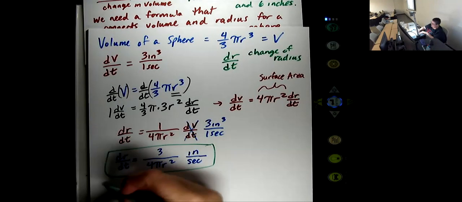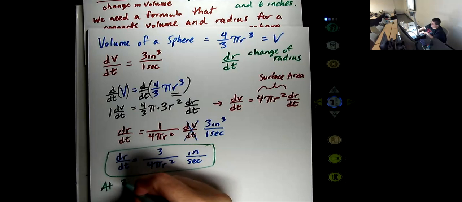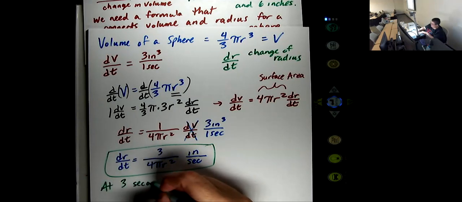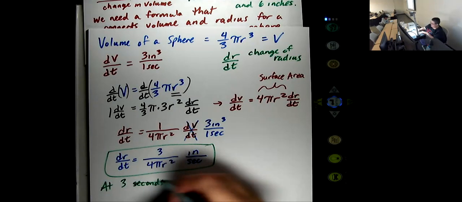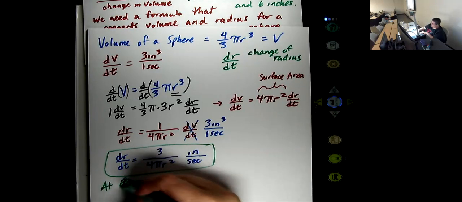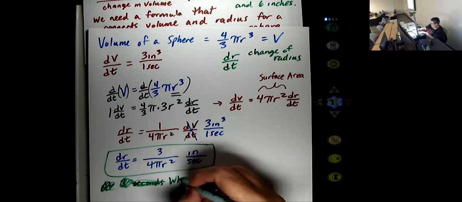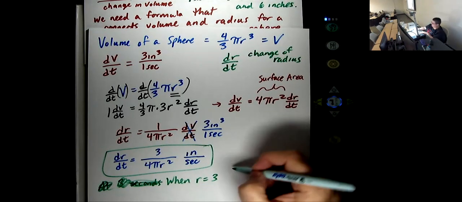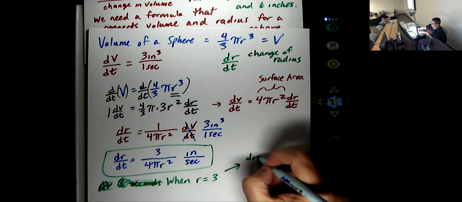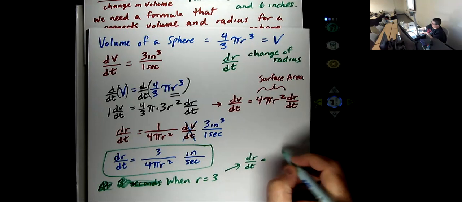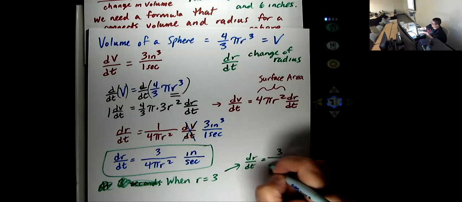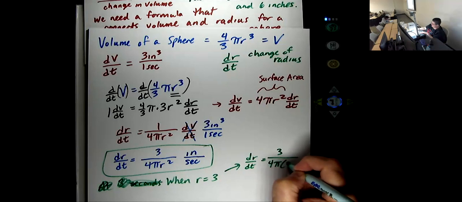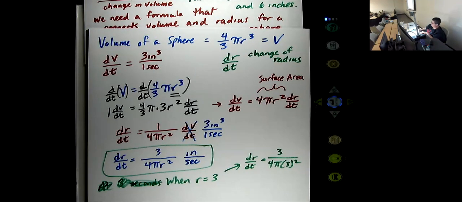When r equals 3, dr/dt is 3 over 4 pi times 3 squared, which is 1 over 12 pi.